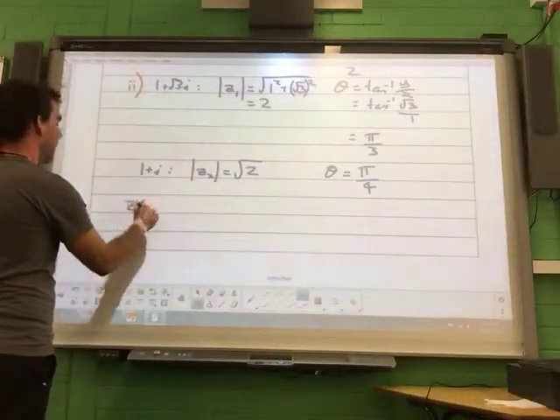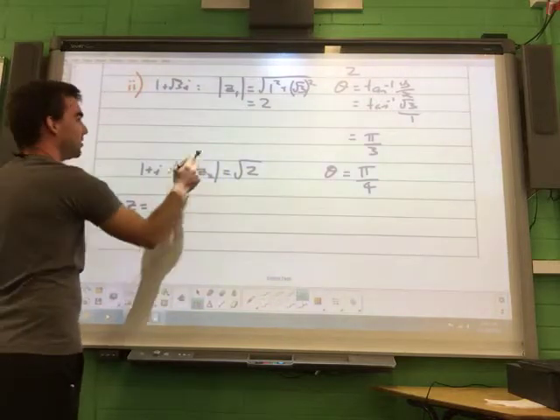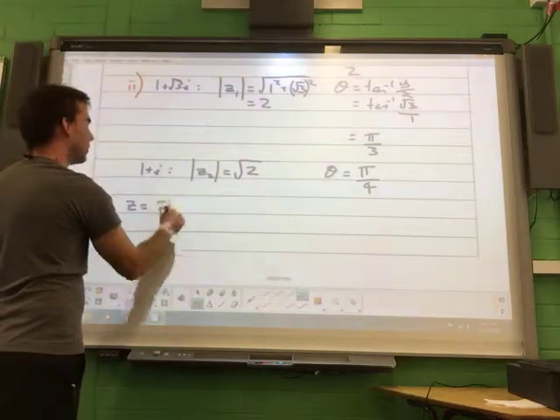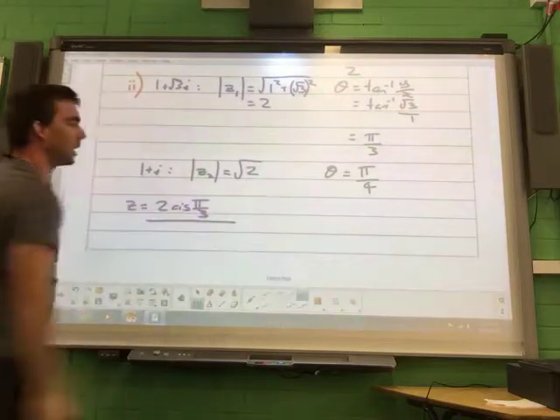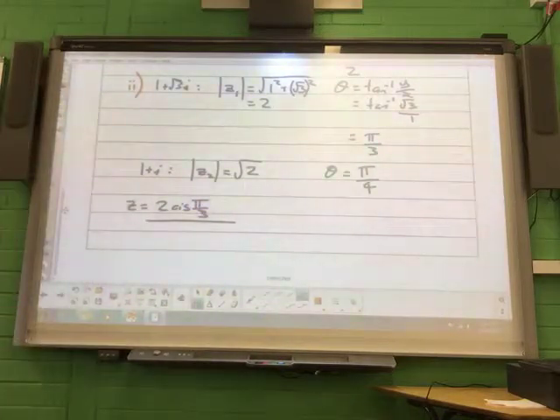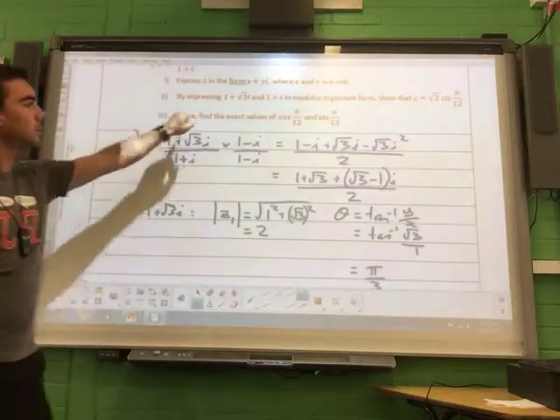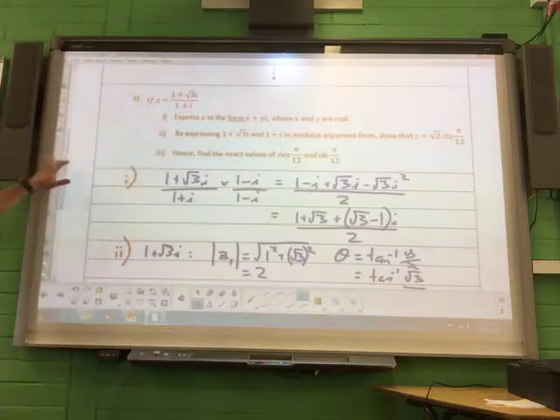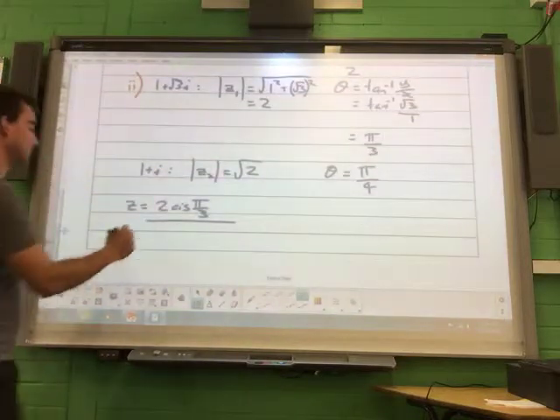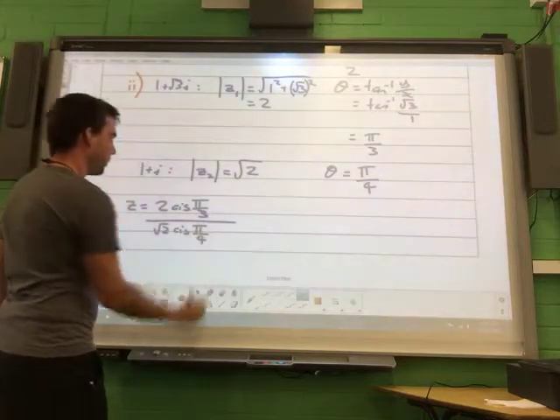Okay, so Z is going to be the modulus argument form of Z1, so 2 cis of pi over 3, all over the modulus argument form of the number on the bottom of your fraction, root 2 cis of pi on 4.